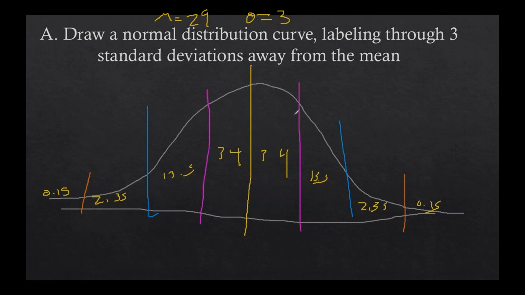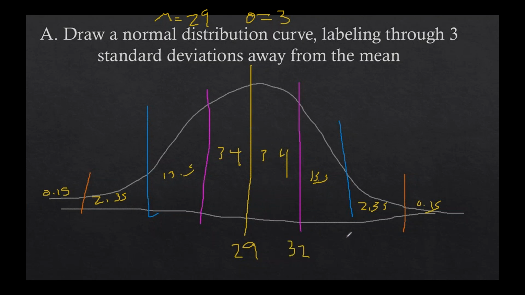Okay, so where did you start when you did this problem? The mean, exactly. So we start with the yellow line, which is the mean. And then let's go ahead and go to the right. What are the numbers as we go to the right? The pink line on the right would be what? 32.